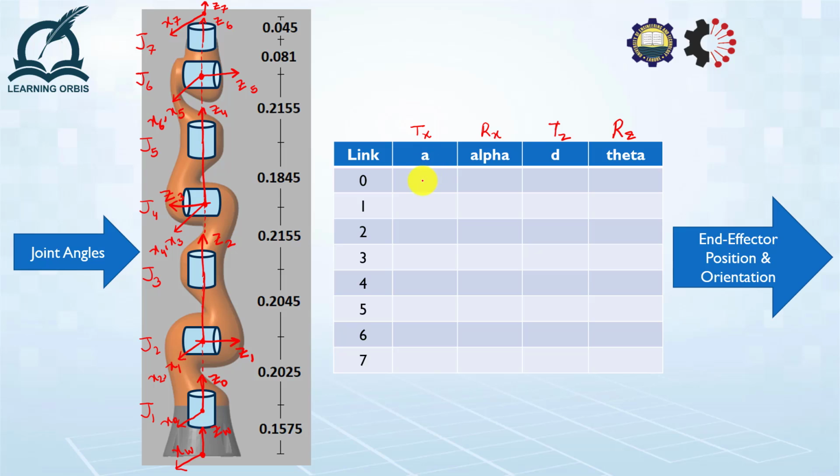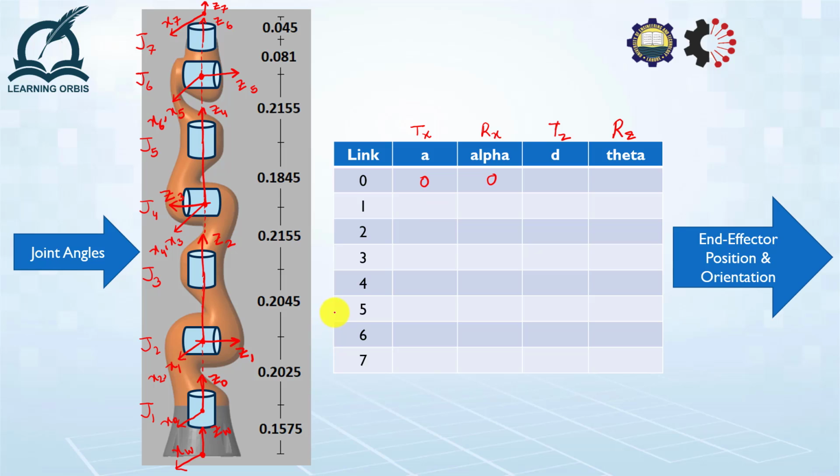So this A is going to be 0. Do we need to rotate about the x-axis? No, we don't, because if we rotated about the x-axis, the z-axes of these 2 frames would not be pointing in the same direction. Right now, zw and z0 both are pointing in the same direction, so we are not rotating about the x-axis. So once again, this alpha is going to be 0.